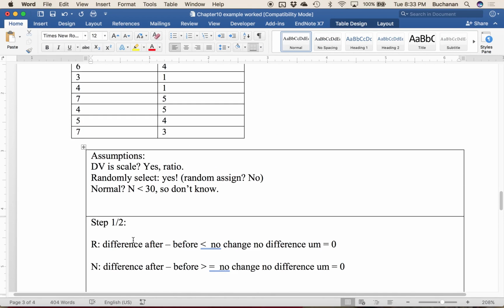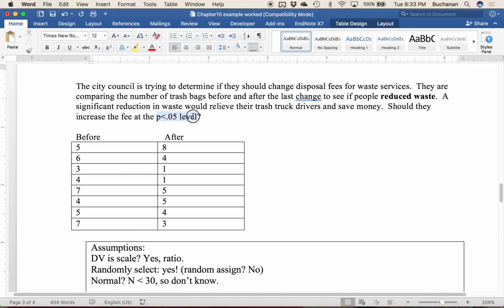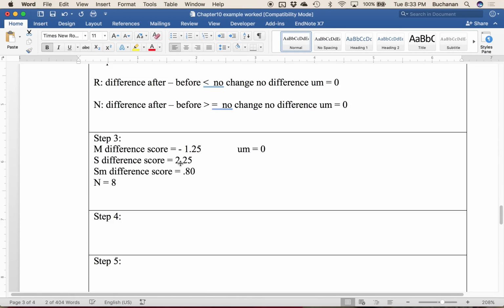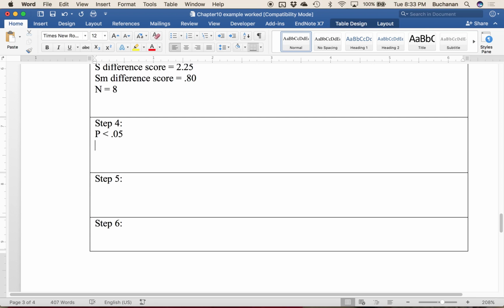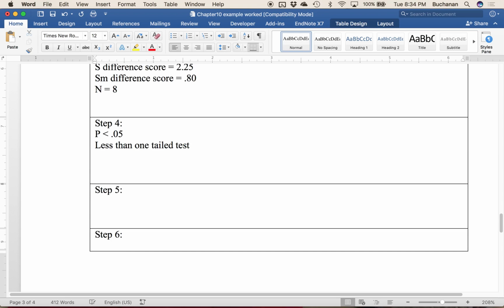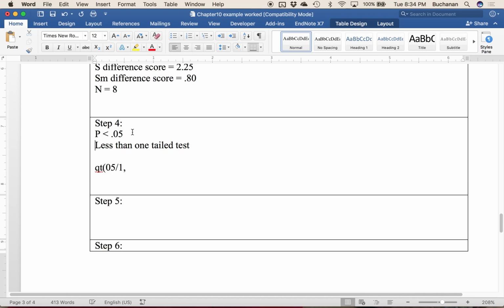So for step 4, I'm going to use p less than 0.05. You don't have to write this. I just am writing it so that you know why I'm doing what I'm doing. I'm doing a less than one-tailed test. So we're going to use qt, 0.05 divided by 1 for one tail. I'm going to come up with degrees of freedom here, which is n minus 1. So df is 8 minus 1, which is 7.